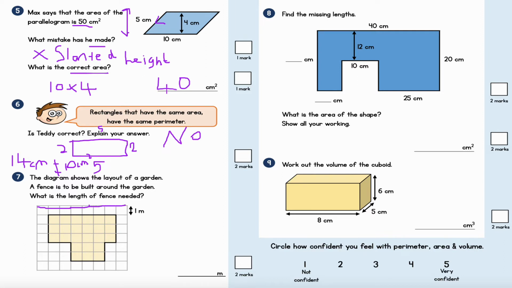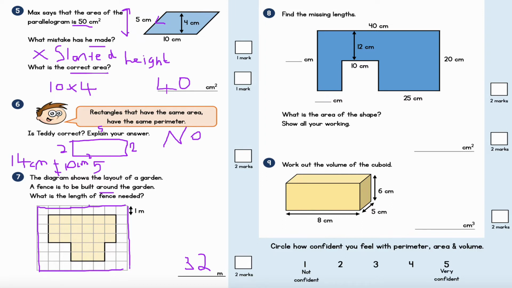So the length is going to be 8 meters, isn't it? Because it's going around it. So it's going to be 8 plus 8 plus 8 plus 8, or 8 fours, which are 32 meters. So a fence goes around a garden, if that makes sense. It says around the garden.